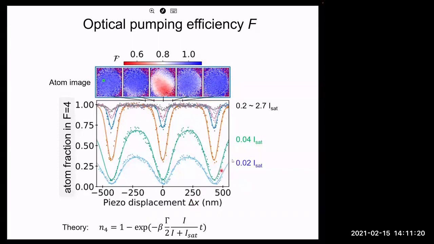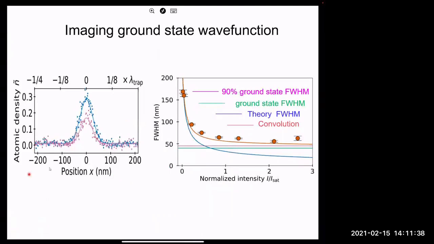However, when you go to some intensity right here, the proper energy scale to compare is the so-called saturation intensity. When you get closer to the saturation, now we start to see a very narrow peak. Right? And we can analyze this narrow peak. Now you can see that the width of the peak is dropping well below the wavelength, 800 nanometer.